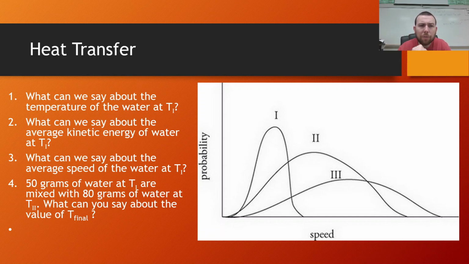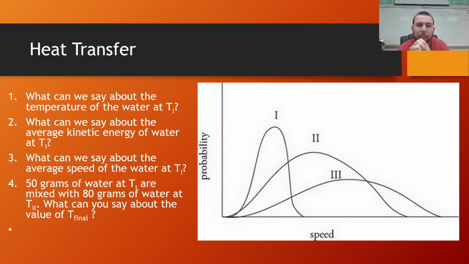And then for number 4, 50 grams of water at T1 are mixed with 80 grams of water at T2. What can you say about the value of T final? It's certainly going to be in between temperature 1 and temperature 2, maybe closer to T2, but it'll take longer because you have more of the temp 2 water than the temp 1.